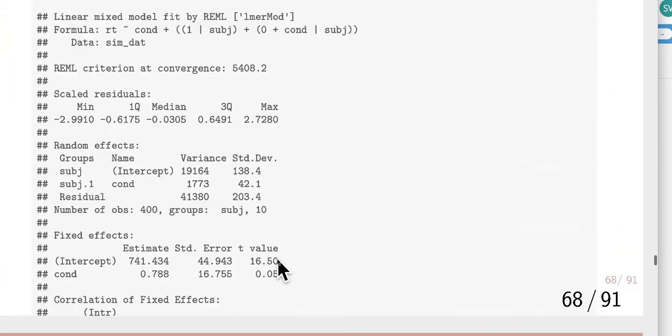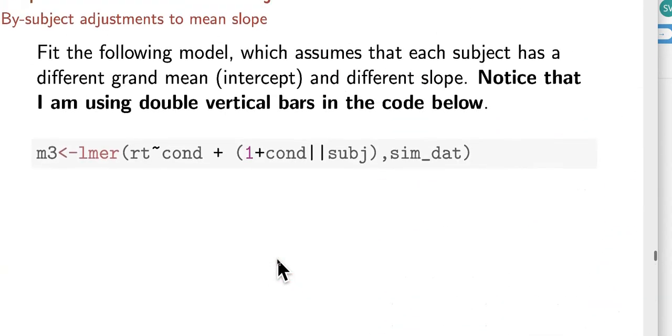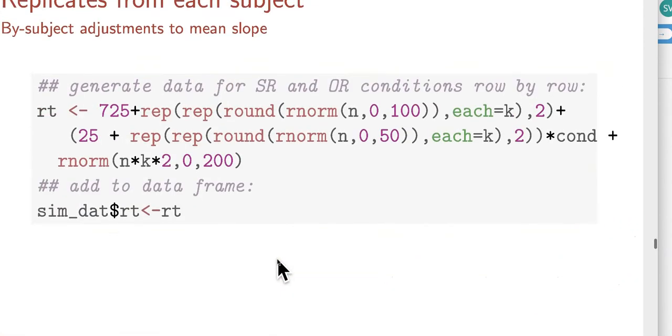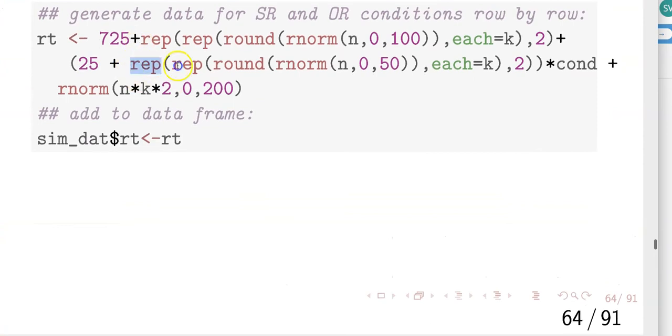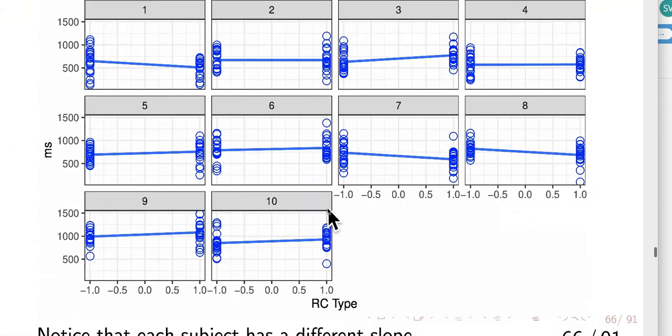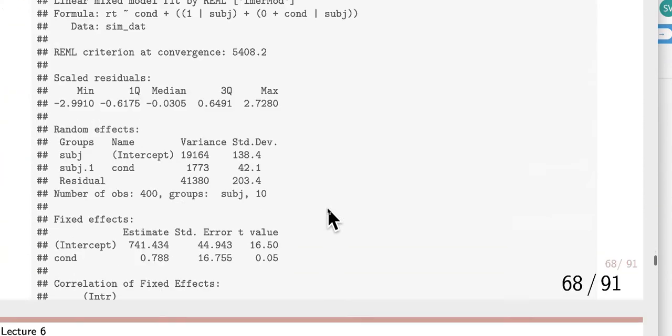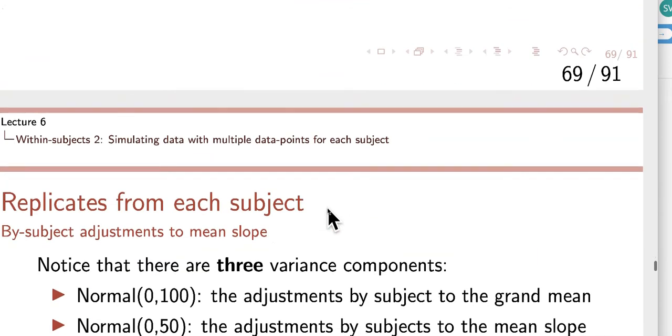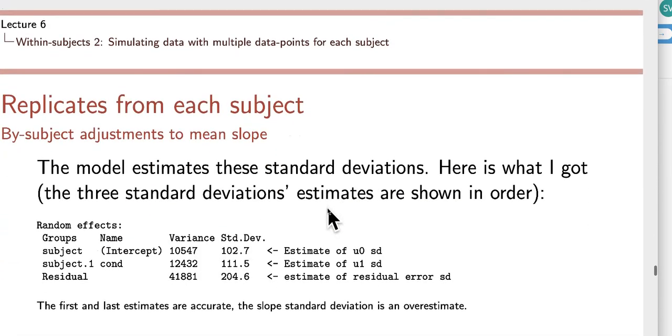It's okay, there's nothing wrong with it, but it's a bit ugly, right? This rep command could be improved on a little bit. Okay, so I'm going to show you a slightly better method for generating the random slopes and also intercepts, actually.